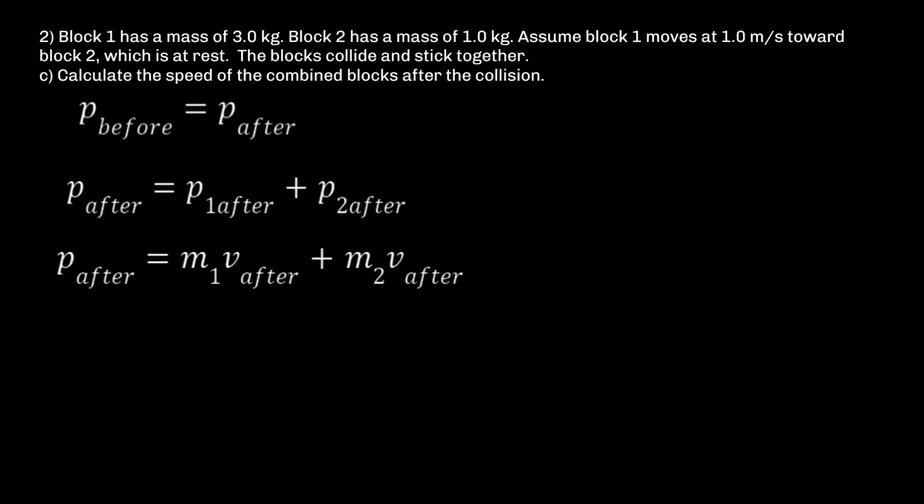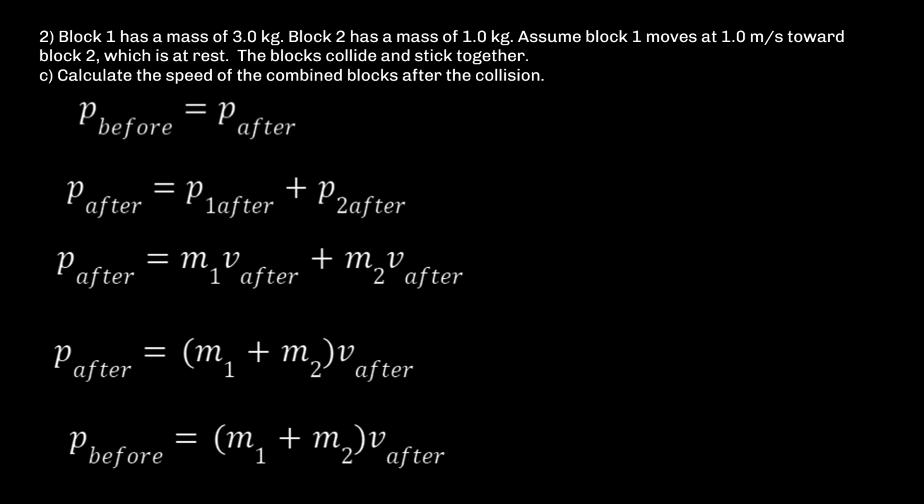This allows me to factor out v after and have my momentum after collision as the mass of block 1 plus the mass of block 2 times the velocity of both objects together. Now I know that my momentum after the collision is equal to momentum before, so momentum before is equal to m1 plus m2 times the velocity of the combined blocks after the collision.